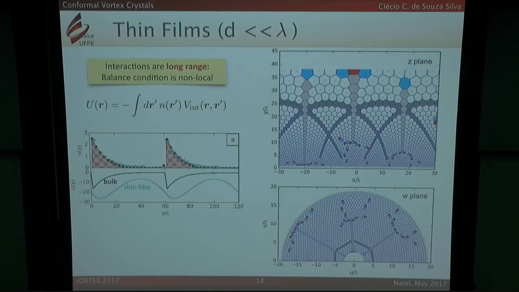So we also observe conformal structure. We make the inverse map and also observe the triangular lattice. So it also works for long-range interactions. This simple method you can use for particles interacting via short-range or long-range potentials.